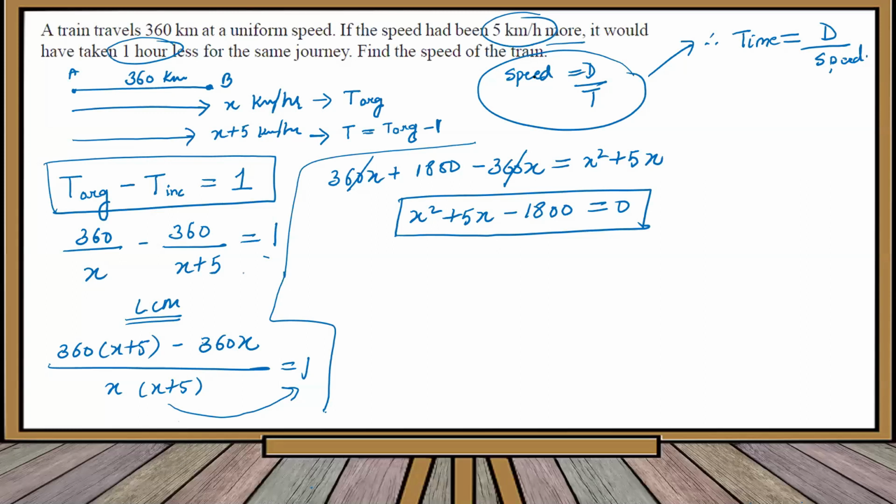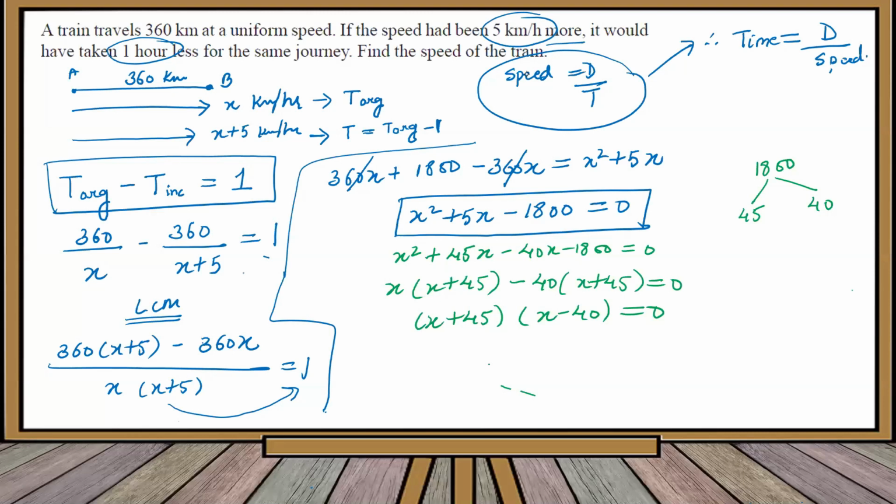We know that 1800 can be divided into as 45 and 40, and 45 into 40 is 1800. 45 minus 40 would be 5. So let us split this. So this would be x square. So the factors that we got is x plus 45 into x minus 40 equal to 0.